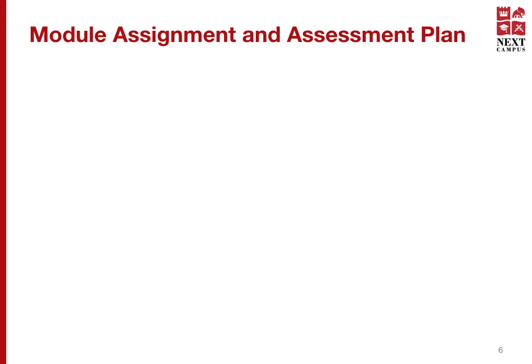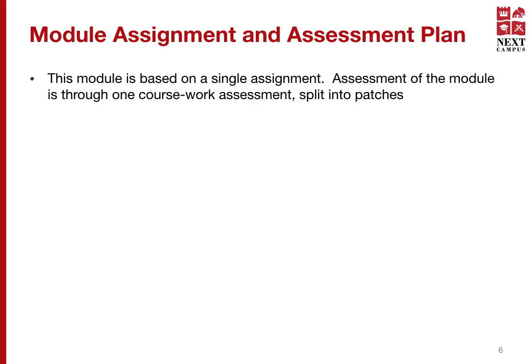If you read the module guide, you will already know that this module, research methods, is based on a single assignment. So the assessment of this module will be done using one coursework assignment but split into two sections, or what we call two patches.